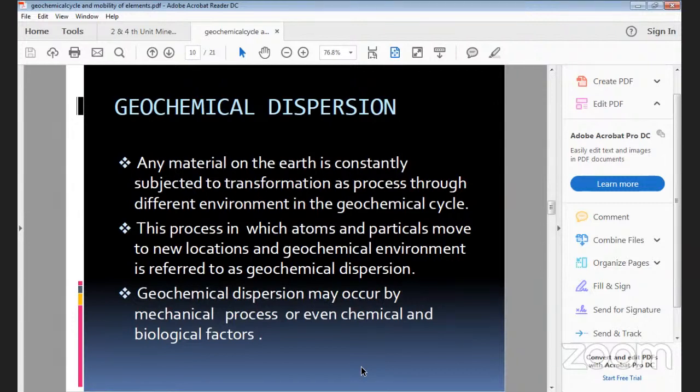Those atoms and particles move from one place to another.